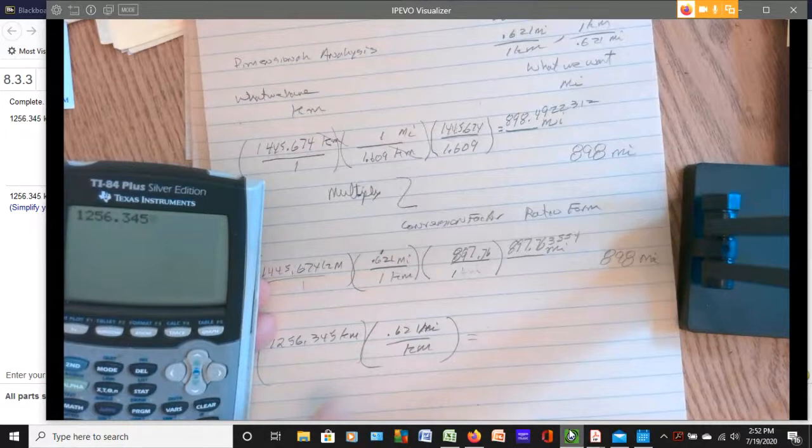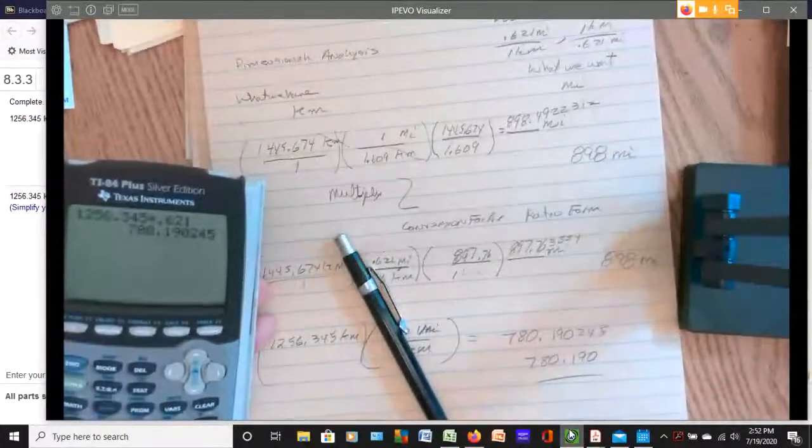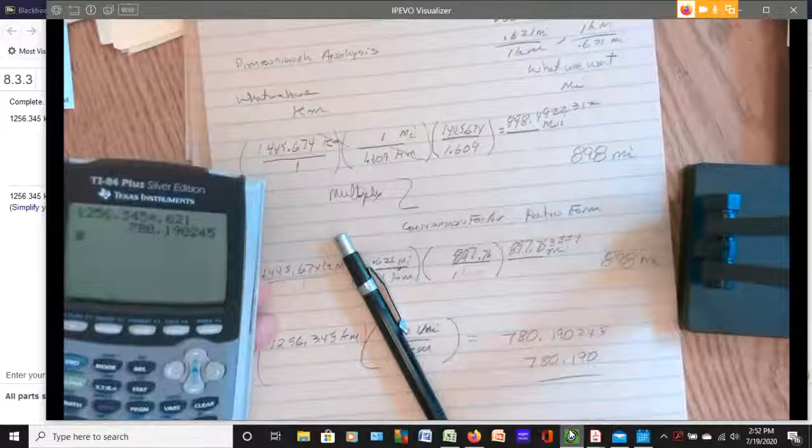Let's see what the answer is. If they want this rounded to the nearest thousandth, it's going to be 780.190. Let's see if I get this answer for this problem. 780.190.